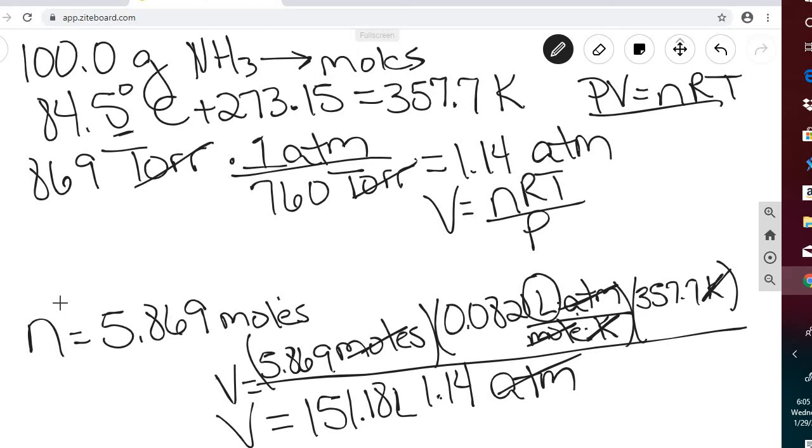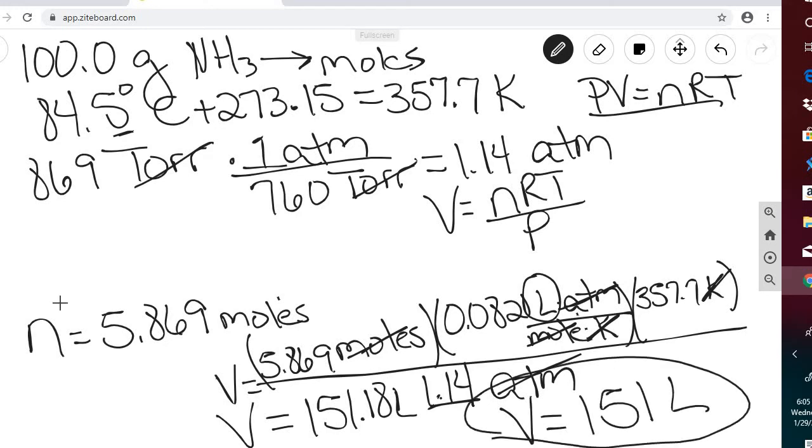But we can have 3 significant figures, so that means our volume would be 151 liters. Final answer for number 6.